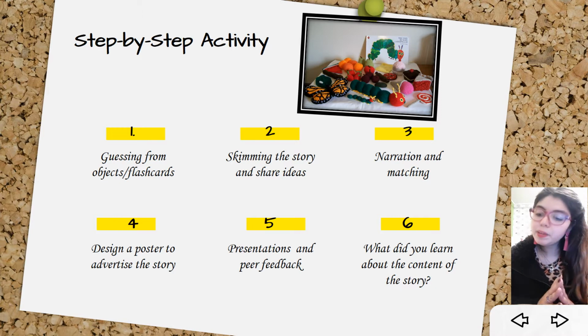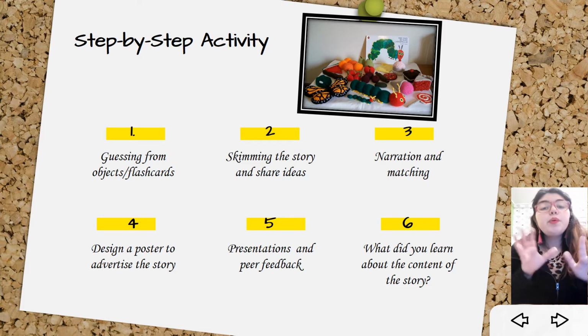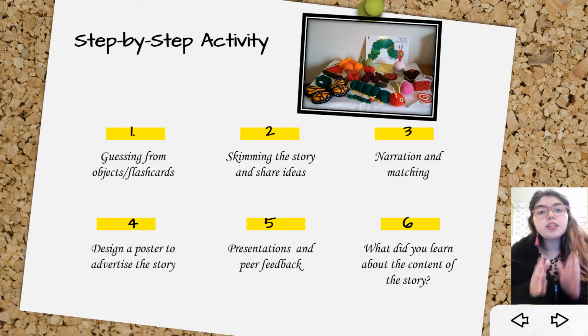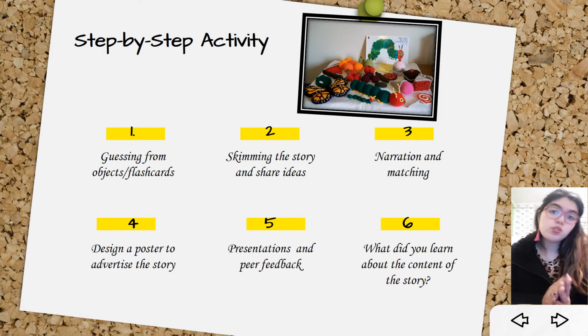As the story is being narrated, the rest of the members of the group will have to select the correct object or flashcard and put it over the table according to the sequence of the events of the story.